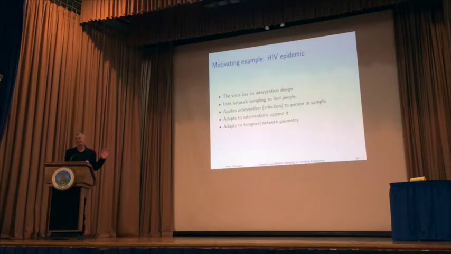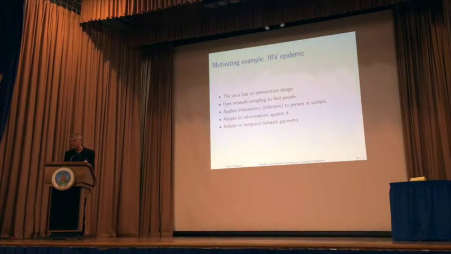But the virus itself has a design that's uncannily similar to the ones we're talking about, where it selects a sample of people. It does it by following links, in this case the sexual links and the drug-using links, and so it uses a network sampling design very much like the kind I'm looking at to intervene against it, and it applies an intervention which is infection that changes the person, increases their mortality rate, for example.